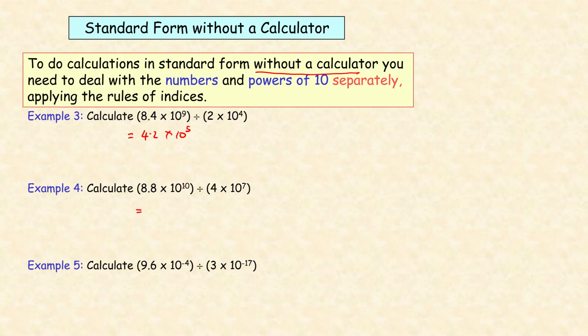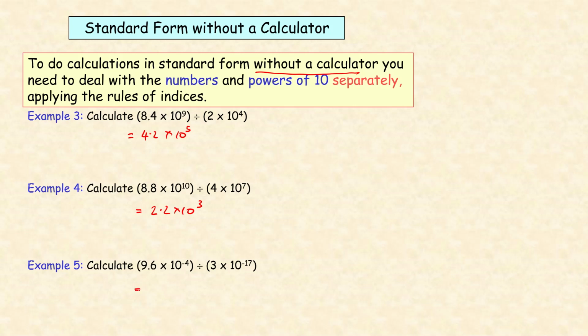Let's look at this one here. 8.8 times 10 to the power of 10 divided by 4 times 10 to the power of 7. So we divide the 8.8 by 4. 8.8 divided by 4 is 2.2 times 10 to the power of 10 divided by 10 to the power of 7 means we take away, 10 minus 7 is 3. This one, we've got 9.6 times 10 to the power of minus 4 divided by 3 times 10 to the power of minus 17.